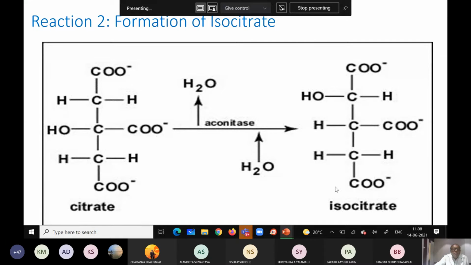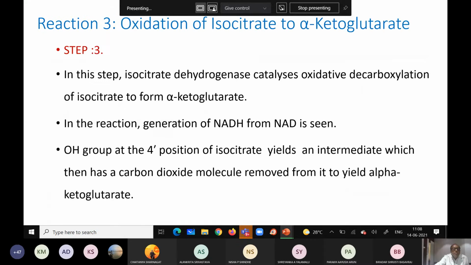In the third step, isocitrate is oxidized and converted into alpha ketoglutarate.